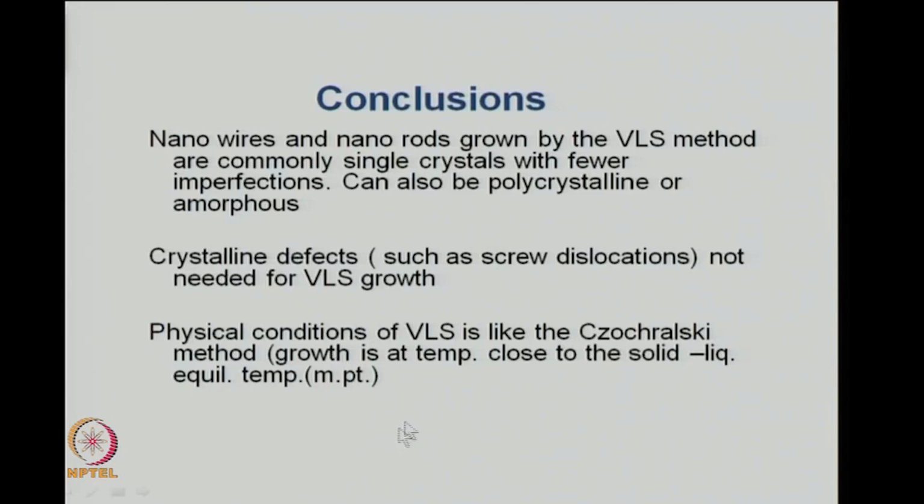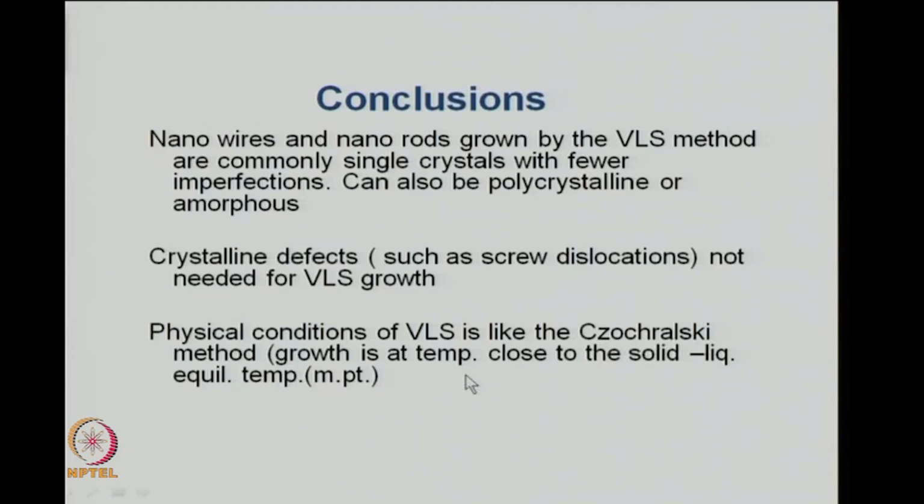Then the conditions of the VLS, that is you are close to the melt, you have to melt the catalyst, is like what is called the Czochralski method, which is the common method of growing crystals. The Czochralski method is close to the solid liquid melting temperature.